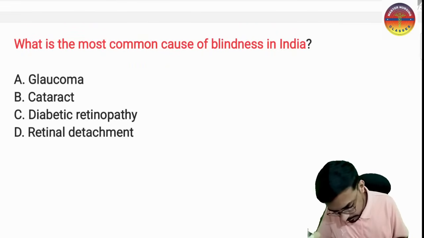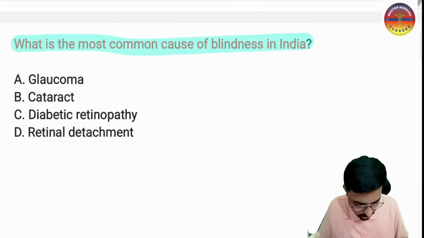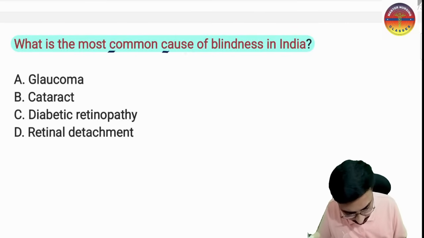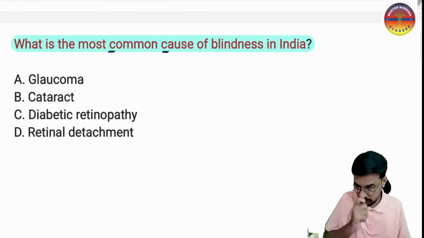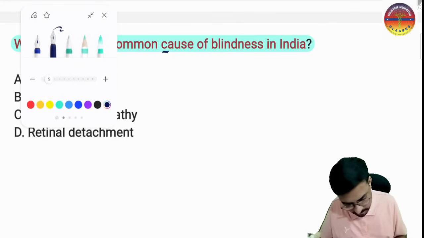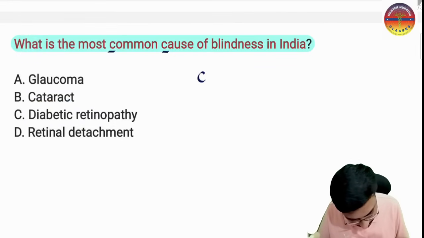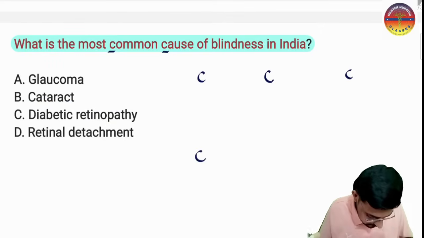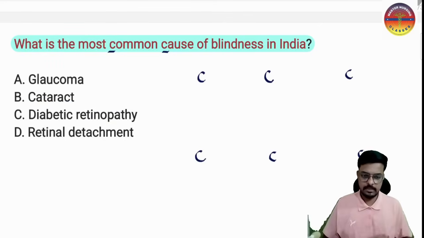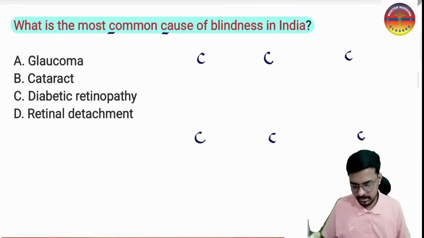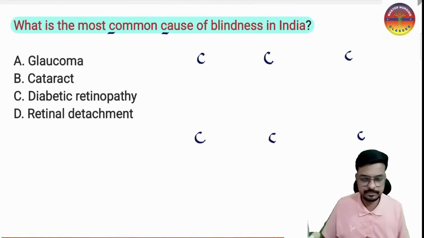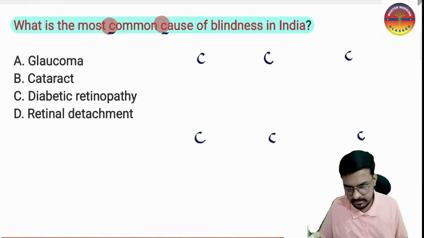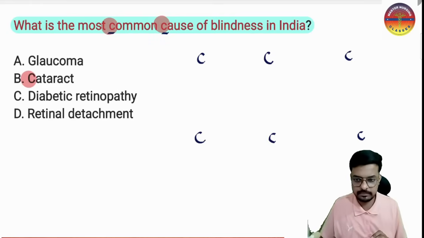And here you can see the next question. What is the most common cause of blindness in India? Remember the most important C. If the examiner asks you the common cause of blindness, it is cataract.